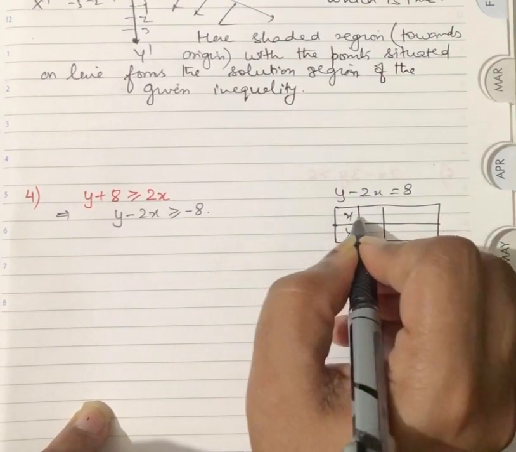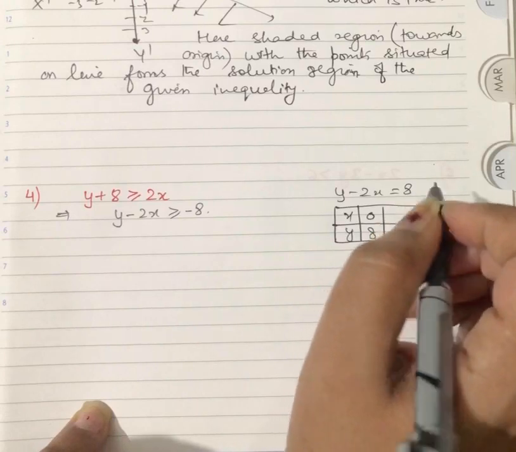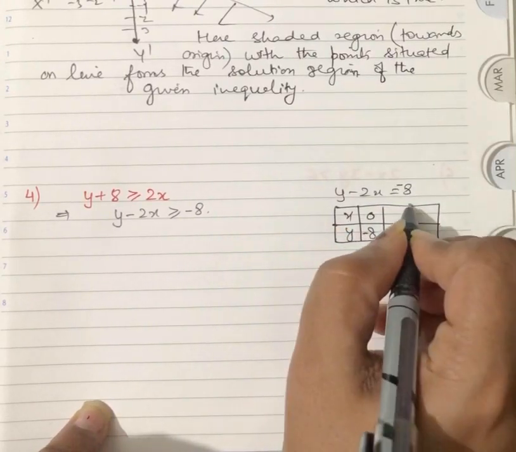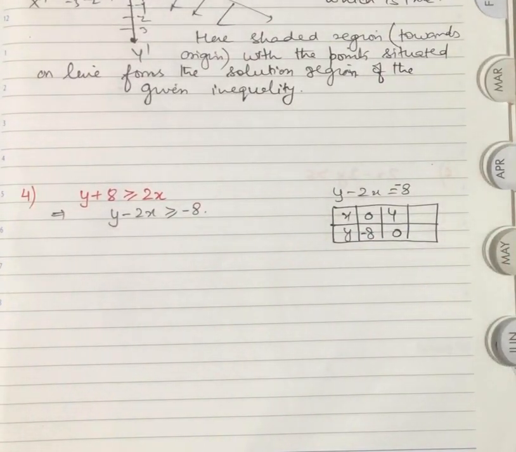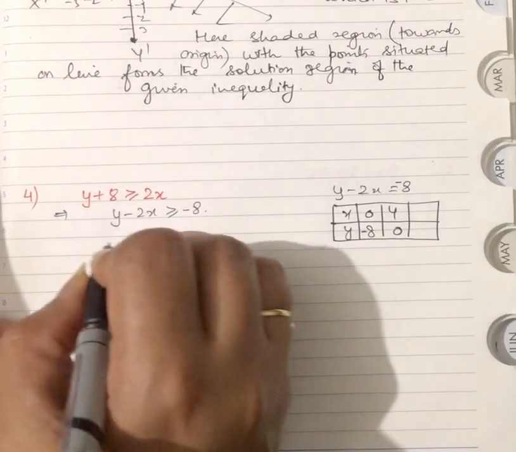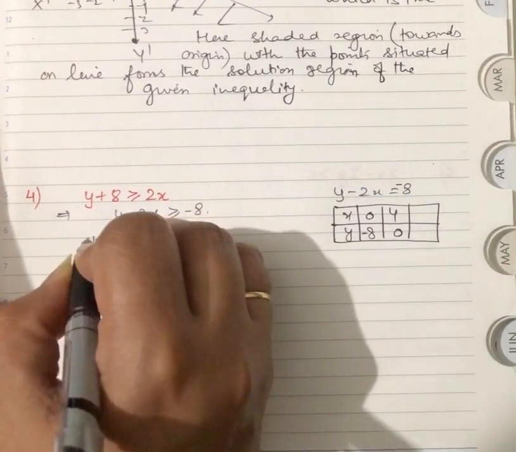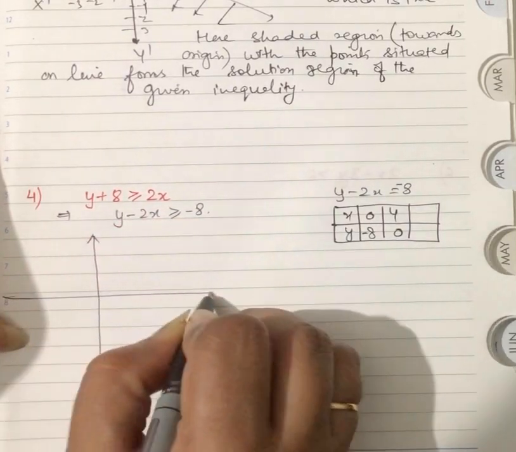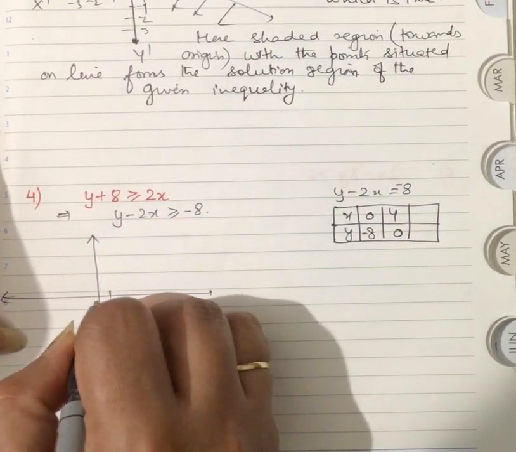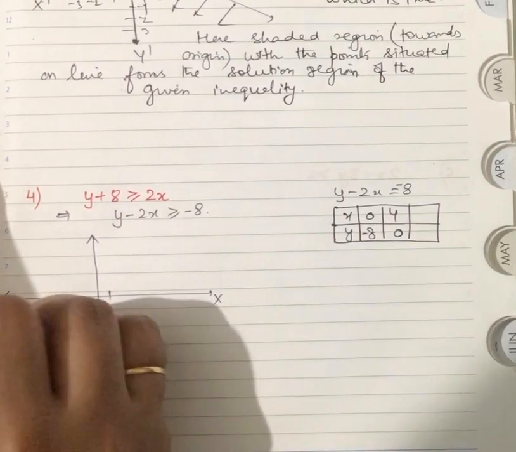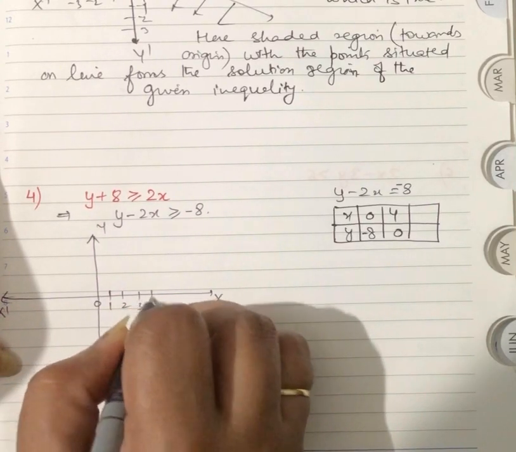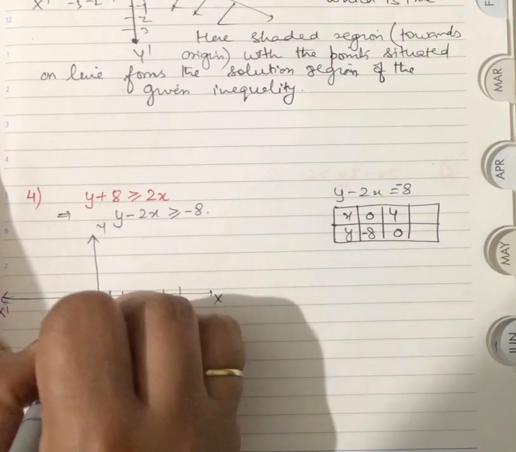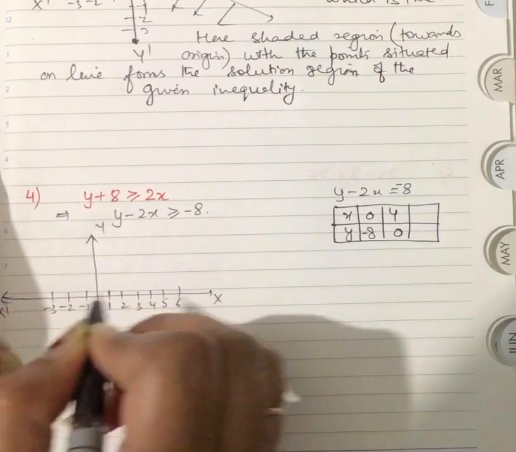So putting x equal to 0, y is minus 8, and putting y equal to 0, we get x equal to 4. So now here again we will draw the graph first. So this is x-axis, y, this is 1, 2, 3, 4, 5, 6, minus 1, minus 2, minus 3 and so on.